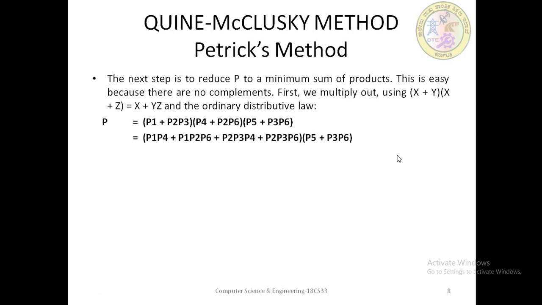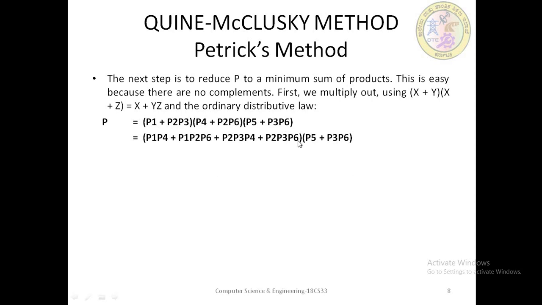From here onwards we will try to resolve by multiplying the equations. We'll be multiplying these two with these two. You might know the multiplication: P1 P4 with P1 P2 P6, then P2 P4, P2 P3 P4. Then we have to multiply these two, so it should be P2 times P2, so it's P2 P3 P6.